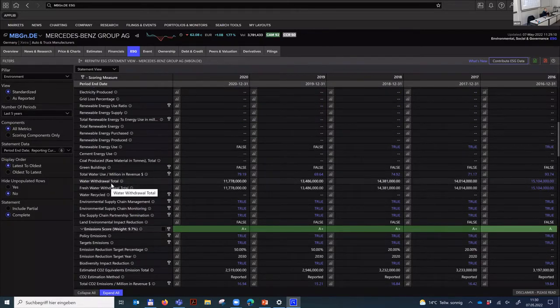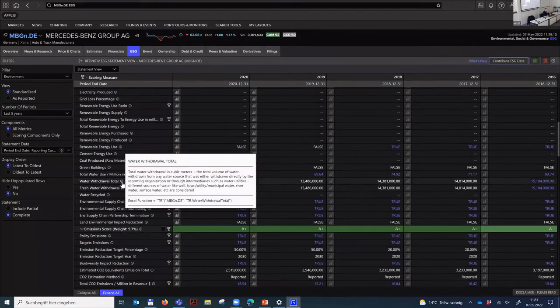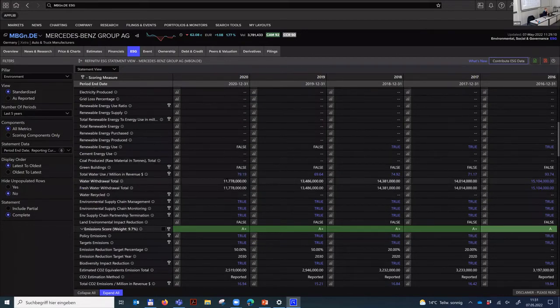You can even look at how much water this corporation is using and how it has changed over time. Total water withdrawal in cubic meters. If you look at this, it's quite a huge amount of water they need for their production.